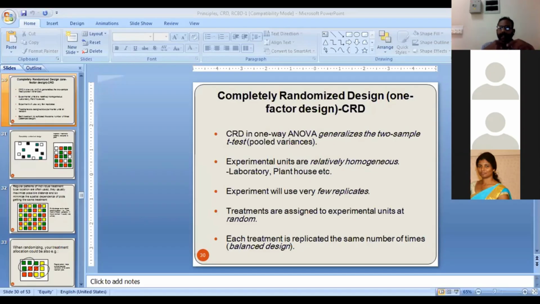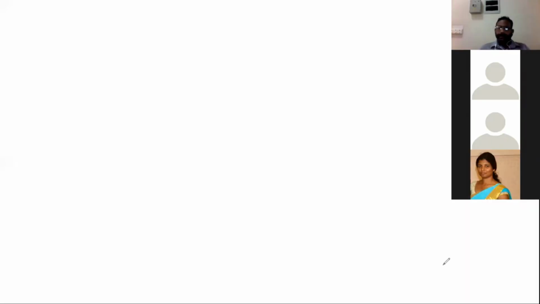Complete randomized design is actually an expansion of the pooled t-test. In the pooled t-test, we can always compare two treatments, isn't it? All the time we compare two treatments, right? So we compare, let's say, T1 versus T2.